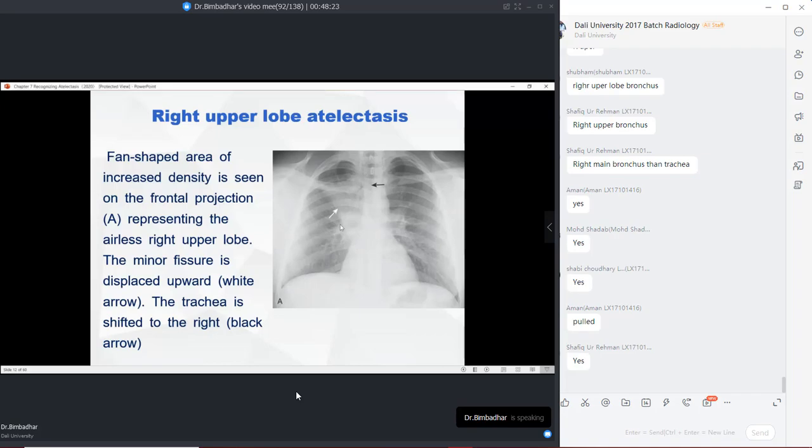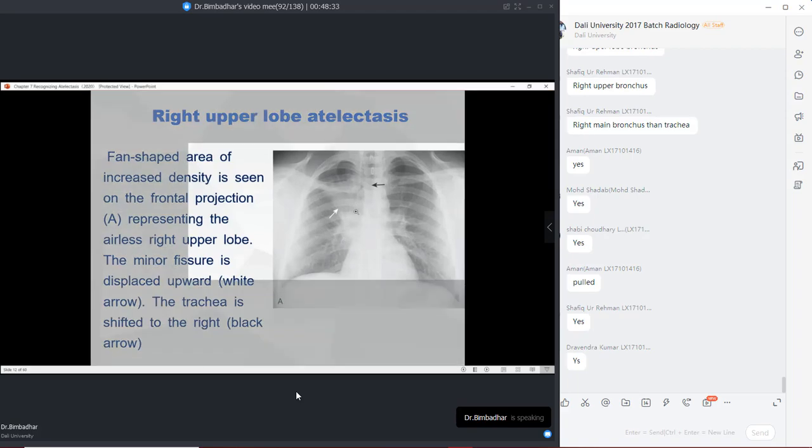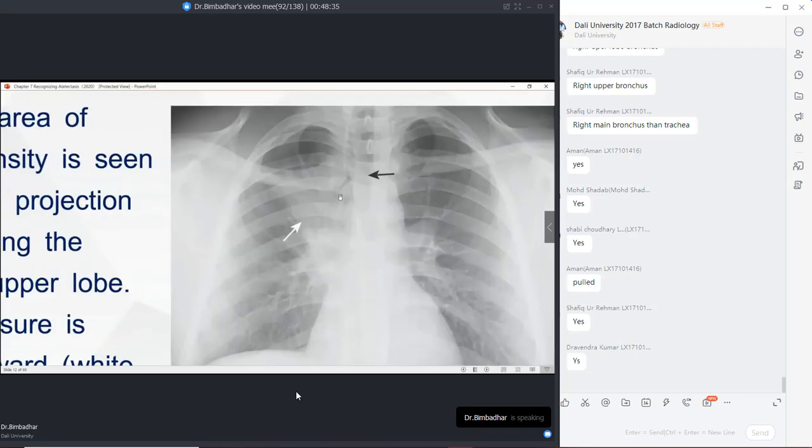Look closely. There is a fan-shaped area of increased density here, right? If you look close enough, this is the trachea, and when it is coming down the inferior part, there is complete pulling of the trachea itself.